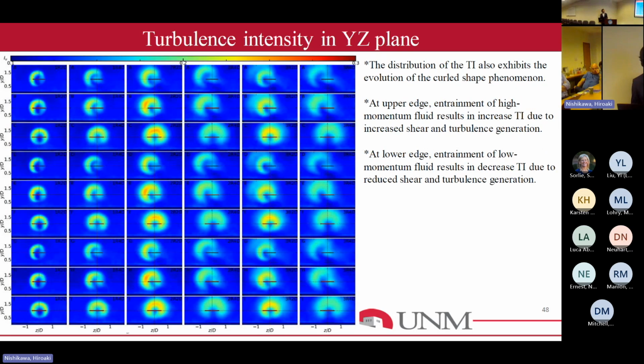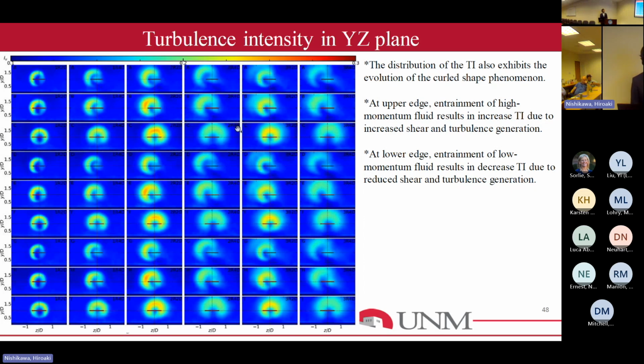This is the turbulent intensity profile in the YZ plane. You have the same distributions as we see from the velocity, and that also has higher turbulence intensity at the top edge of the turbine, as suggested by the higher turbulent kinetic energy mixing there.